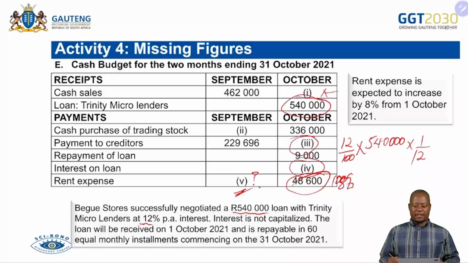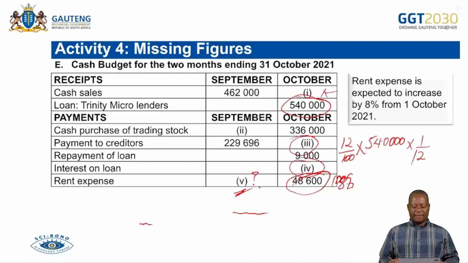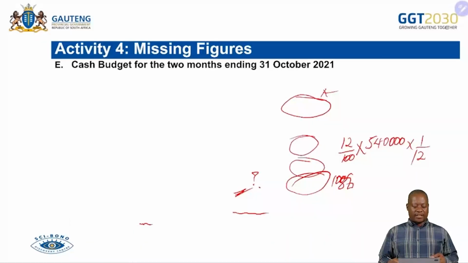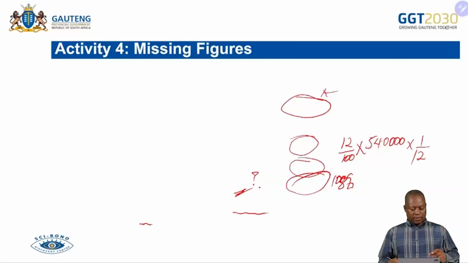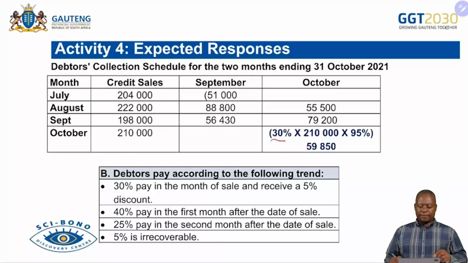Very important. So let's just check something here. I want to just take you back one slide so that you can see what I'm trying to drive at. There we are.